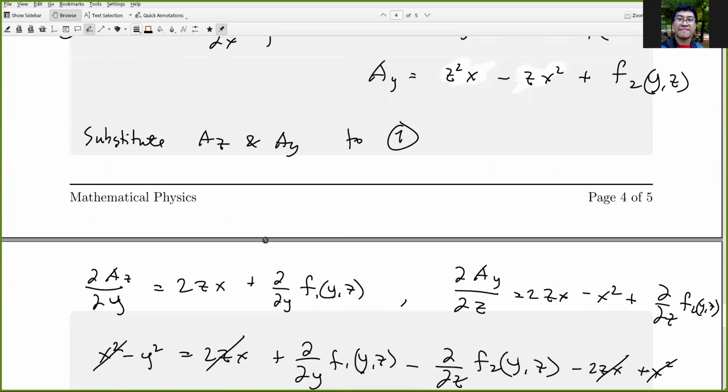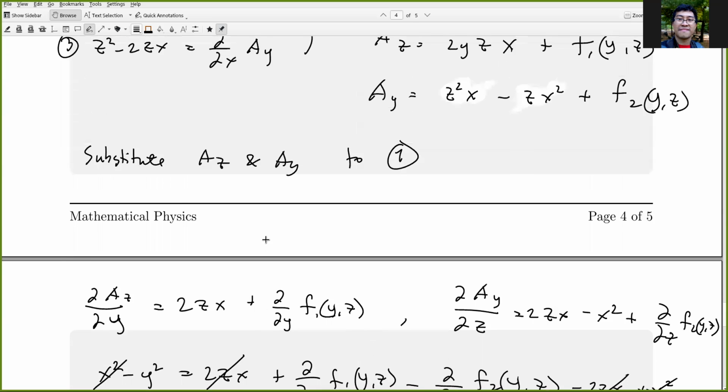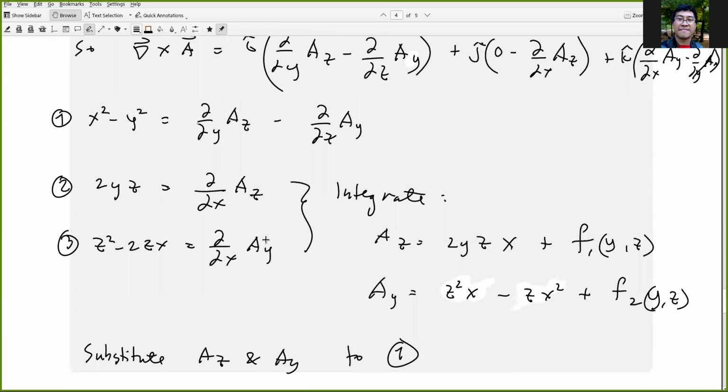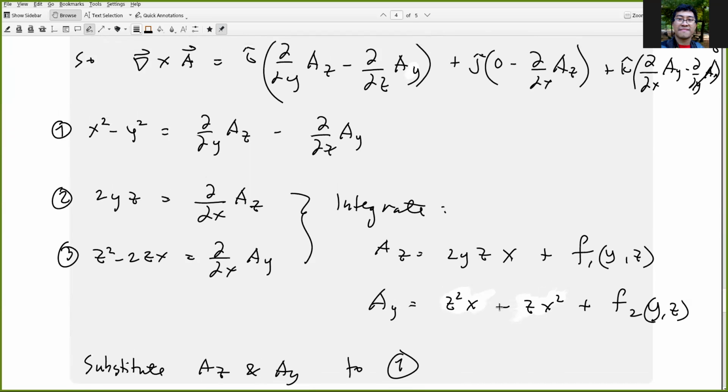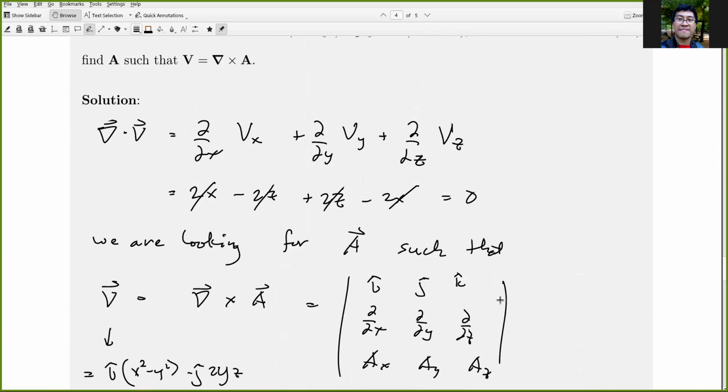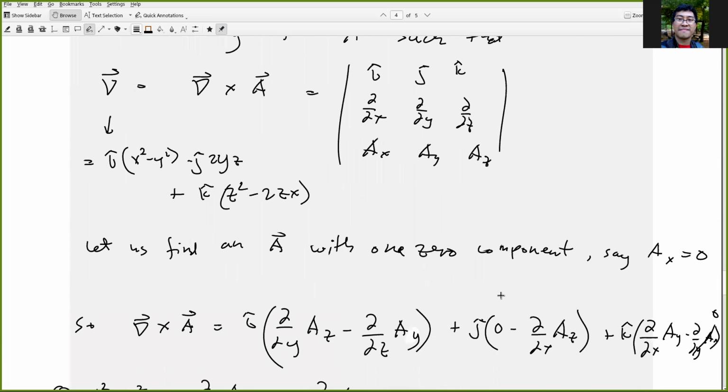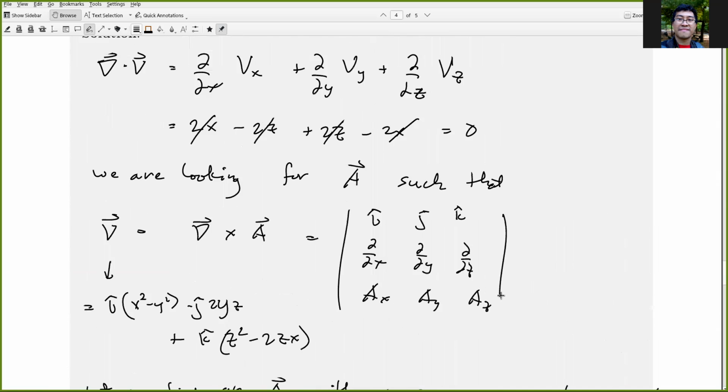before we continue, we might be missing something again. Let me just check our YZ. To YZX, and this is X squared. Okay, I think I wrote something wrong again.